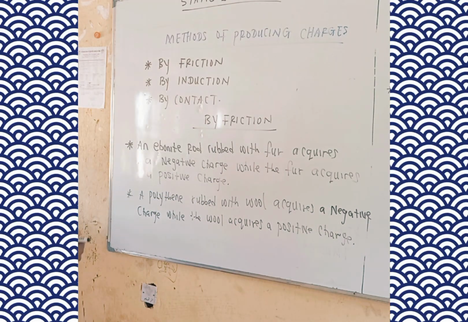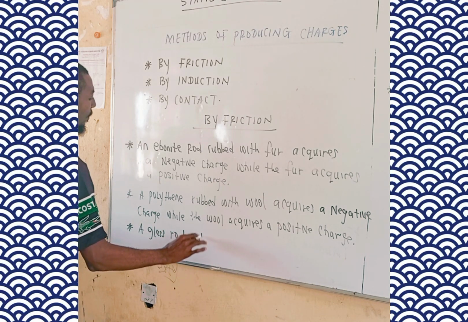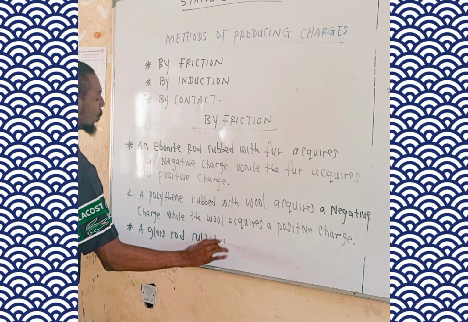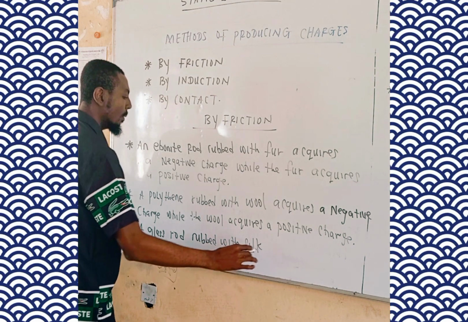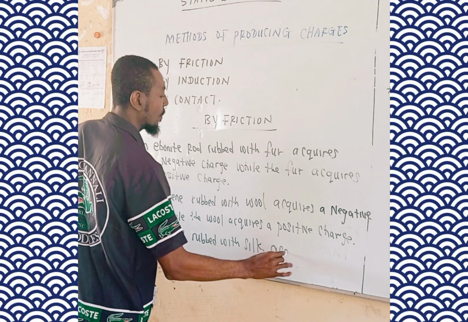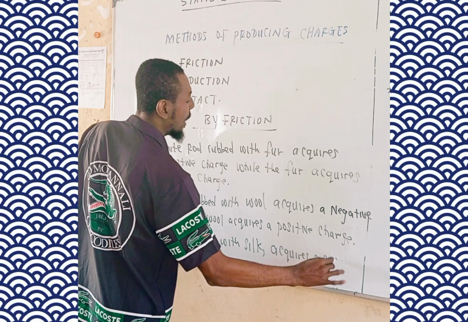Then the last instance is a glass rod with silk. A glass rod with silk acquires a positive charge.